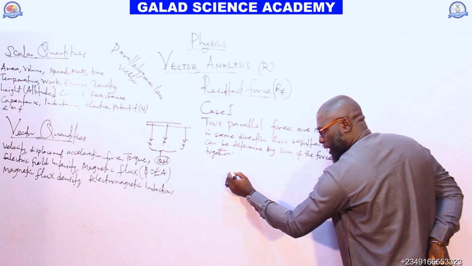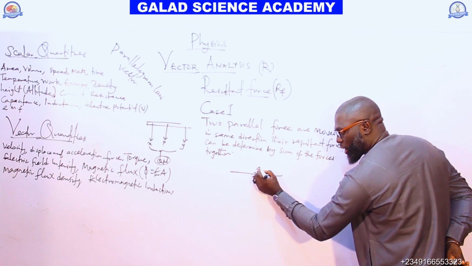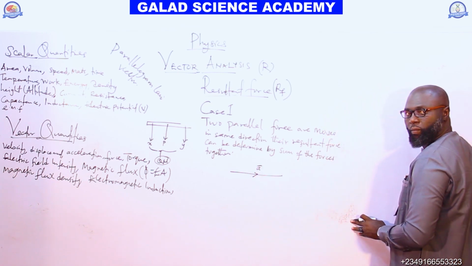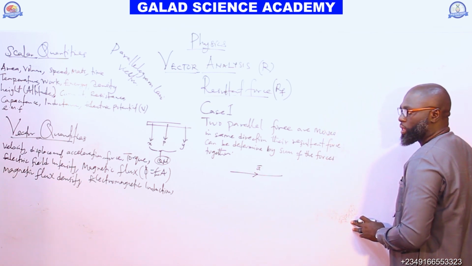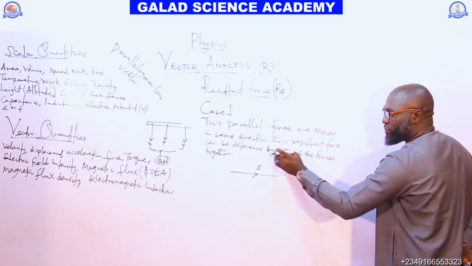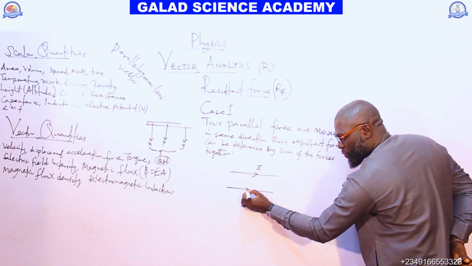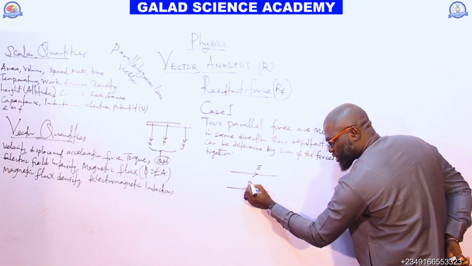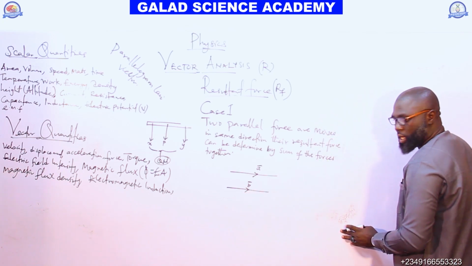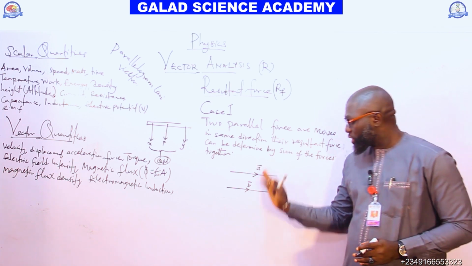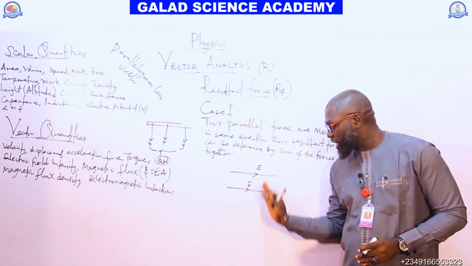Now, assume this is vector A, moving like this, two parallel forces, and this vector B also moves along this direction. If you look at the two forces, they move in the same direction.